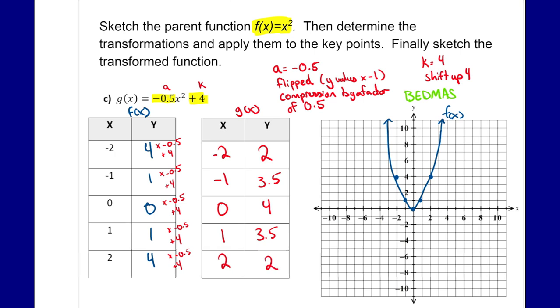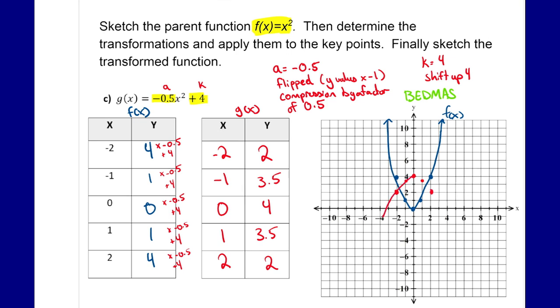So now I have my transformed function from the transformations. I'm going to go through now and plot my points. So negative 2, 2, negative 1 and 3.5, 0 and 4, 1 and 3.5, positive 2 and 2.